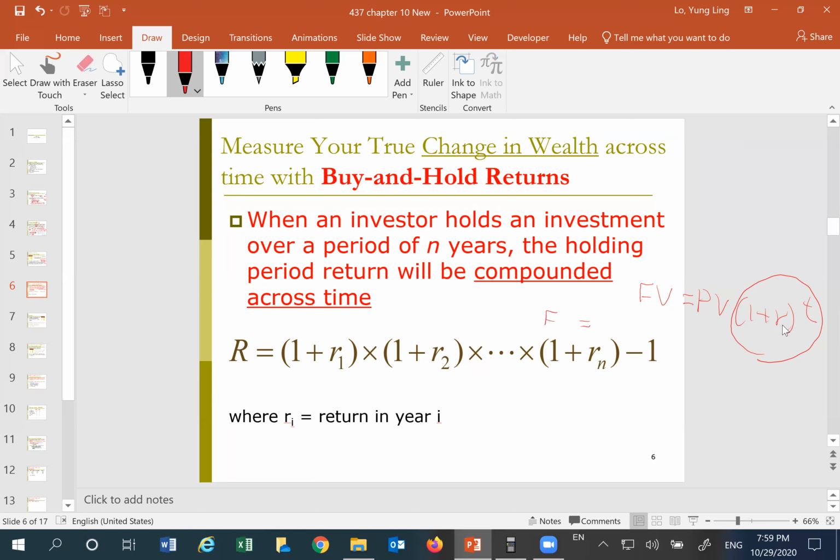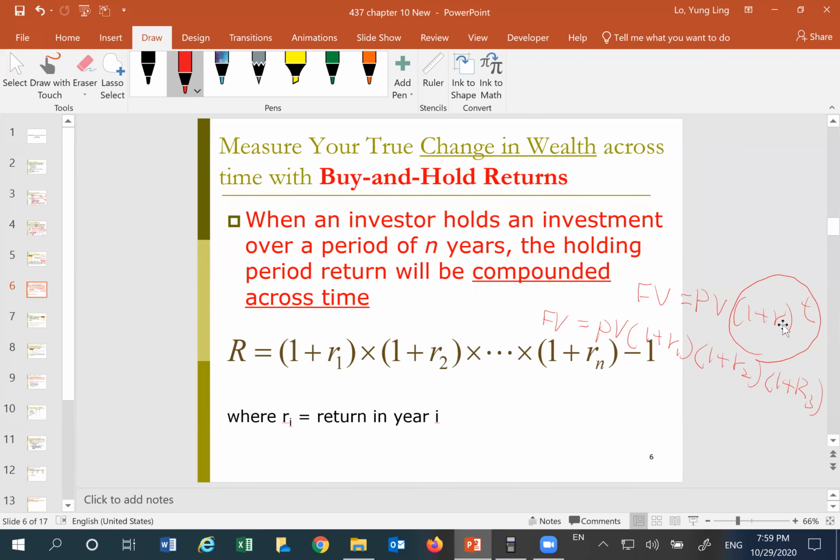Future value equals present value multiplied by 1 plus R1, then multiplied by 1 plus R2, then multiplied by 1 plus R3. So if your R's are not always the same, then you have to be specific by compounding the returns across time this way. And that's what the buy and hold return uses.